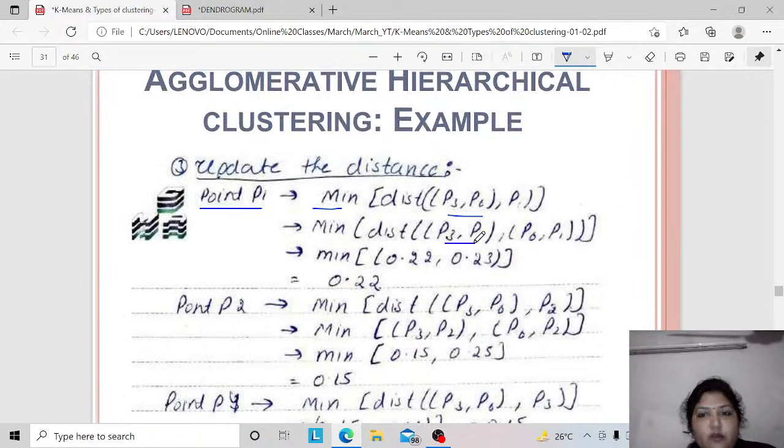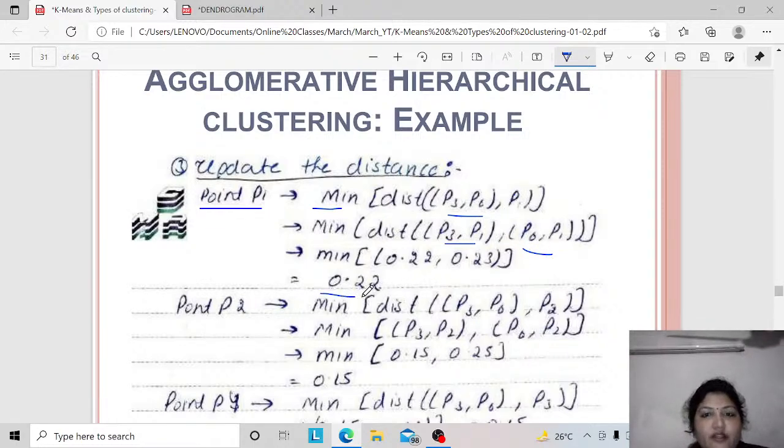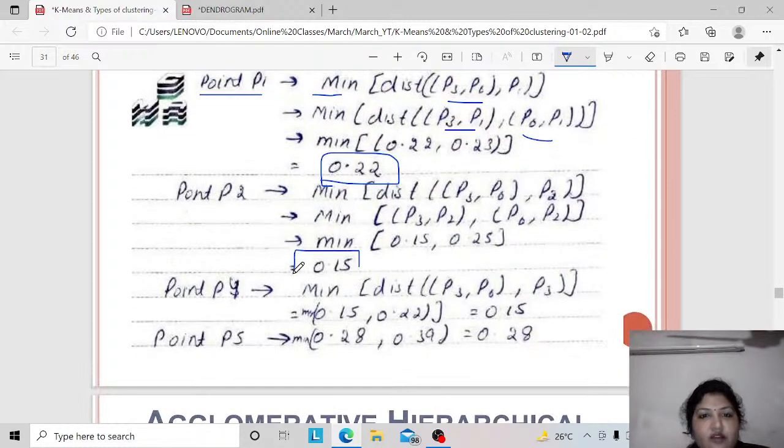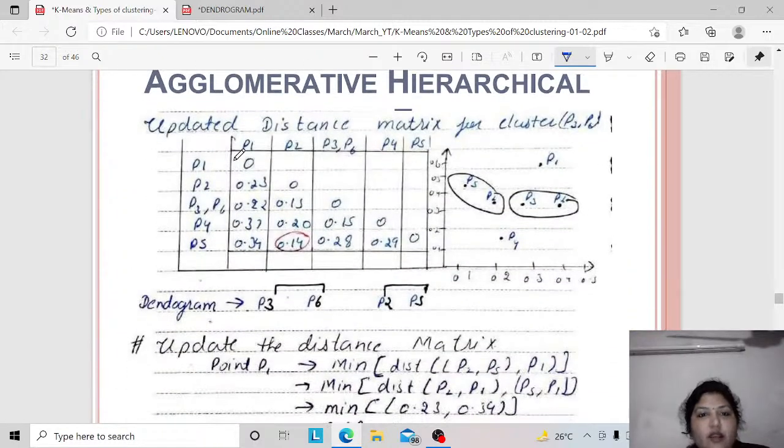You take P3 and P1, and P0 and P1, so you are taking P1 with every point, right? Then calculate the minimum distance out of it. The same method will be followed. You put the zeros over here, and then we have P1 with P2 and P1 with P3 and 6, because this would be one cluster and this would be another cluster.